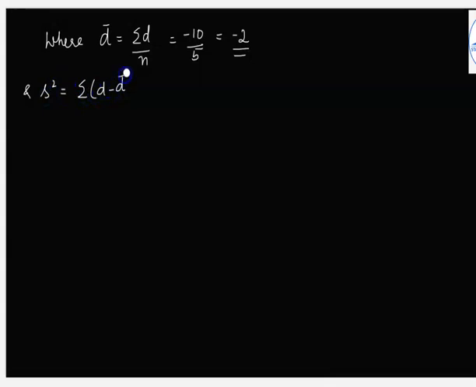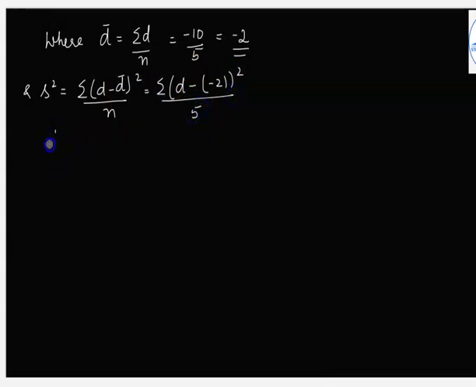So let me now write the formula for D bar. D bar is equal to summation D divided by n. Summation D we had got as minus 10, divided by 5, is equal to minus 2. Then similarly, we have to write the formula for S square. S square is summation D minus D bar the whole square by n, which is equal to summation D minus D bar, that is minus 2, the whole square, and n is 5.